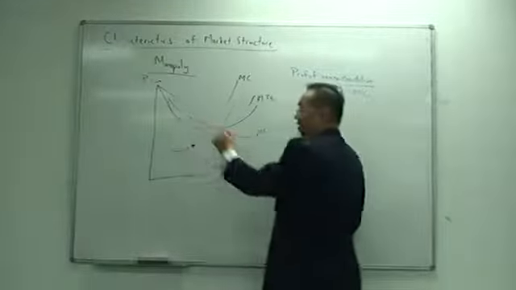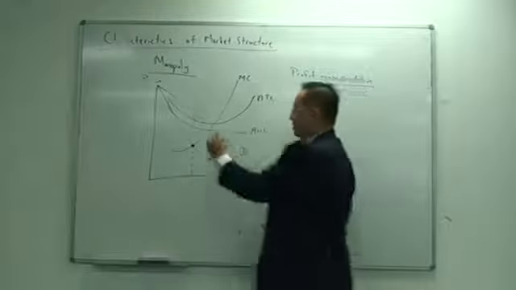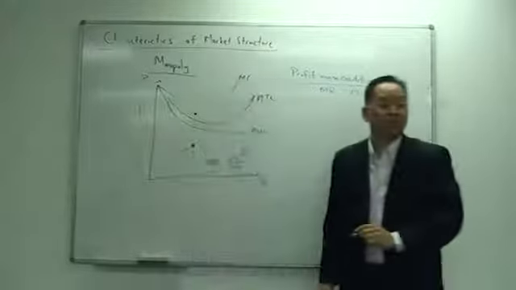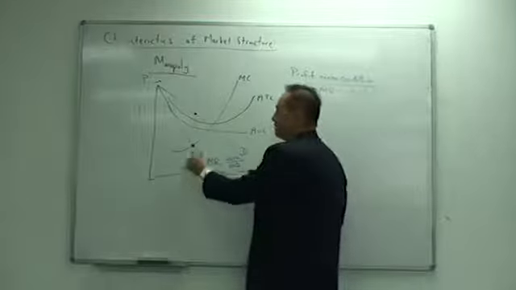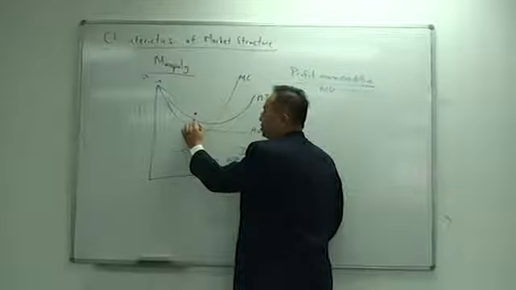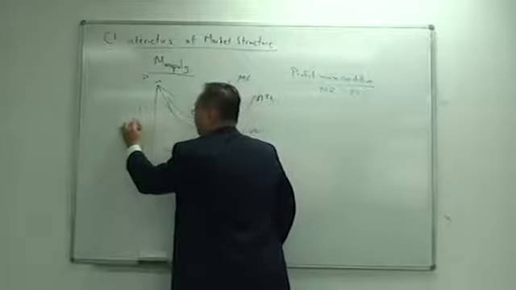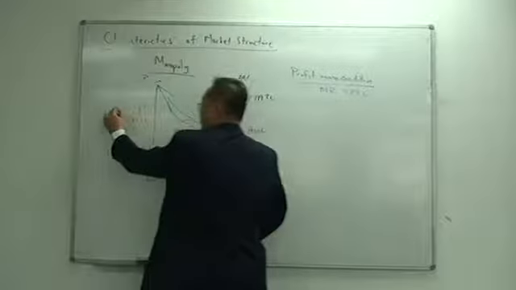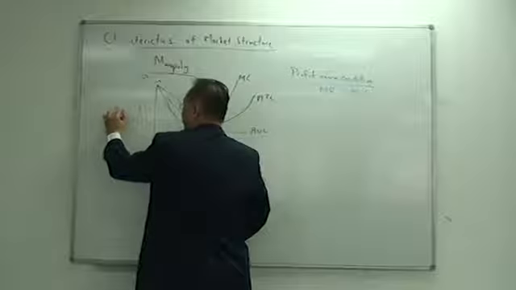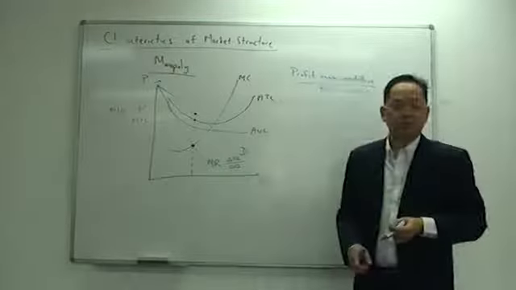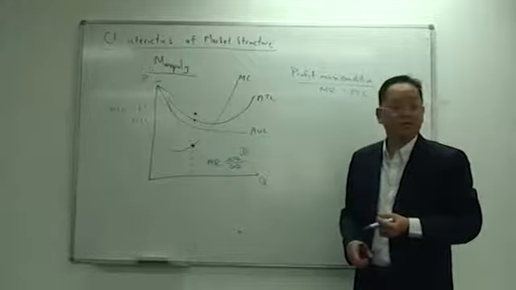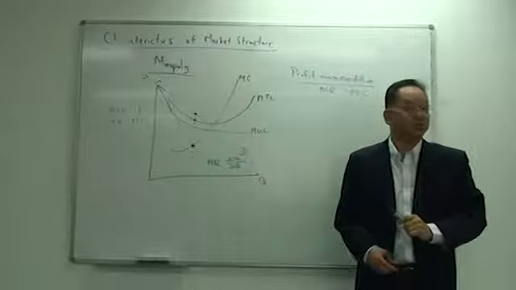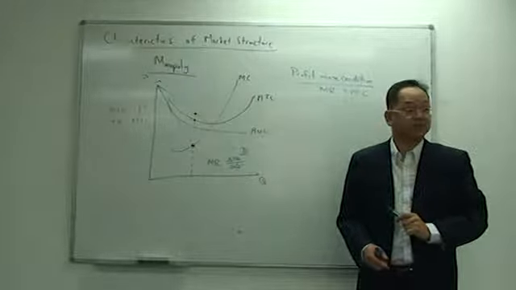So look, when this vertical line touches the demand line, we will get the price. That's one. Okay? And when this vertical line touches the average total cost, we get the ATC, total cost. So, for example, if you sell your pen for $10, okay, and the cost is only $8, your average total cost, you are making a profit, isn't it?